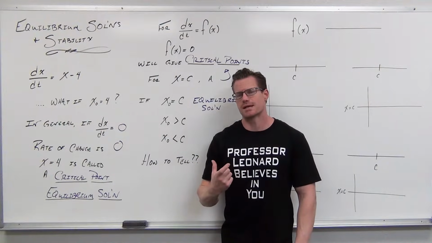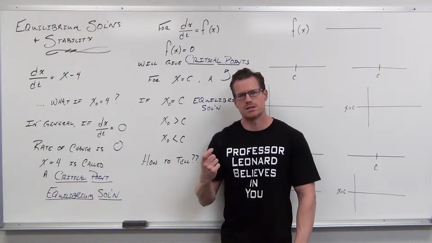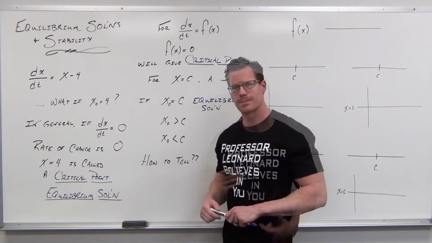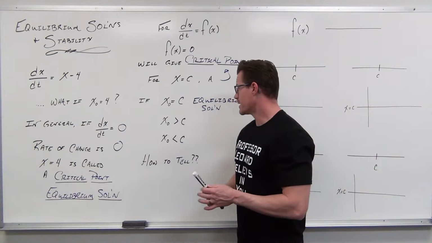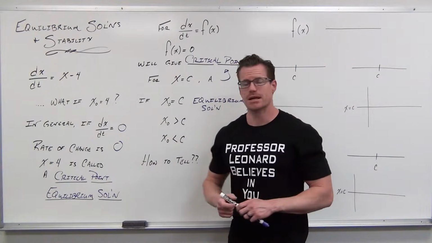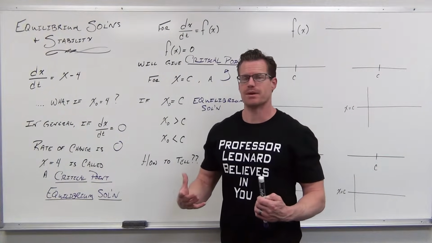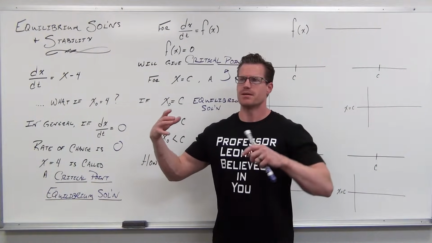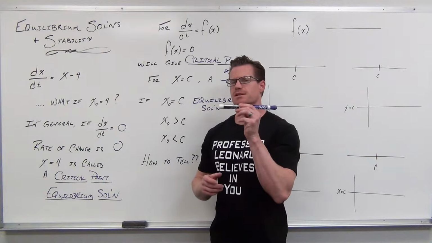The interesting things happen when your initial condition is above or below that critical point. So let's talk about what would happen if our initial condition is greater than c or less than c. If our initial condition is greater than c, then really only two things could possibly happen.